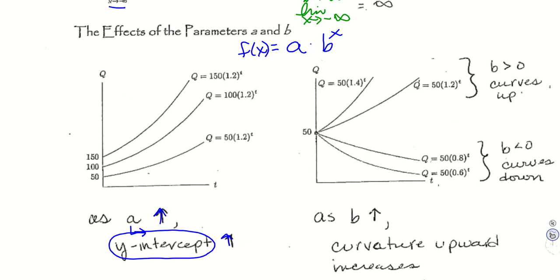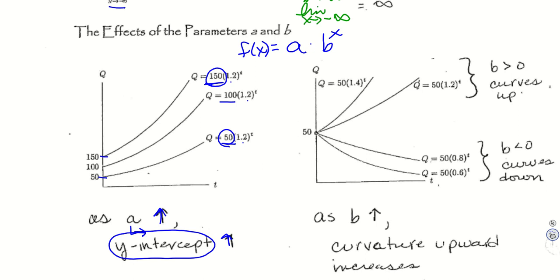So you'll notice in these equations, they all have 1.2 as a base, but our a values, our initial values, are different, and the function with the lowest a value has the lowest y-intercept, the function with the largest a value has the largest y-intercept.